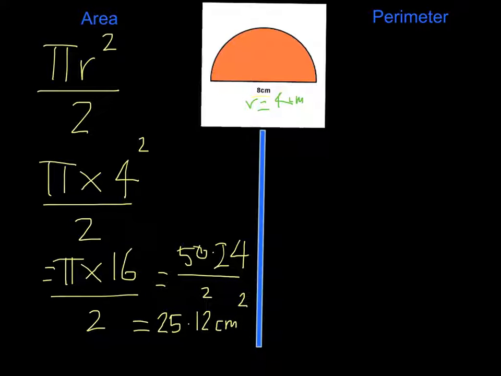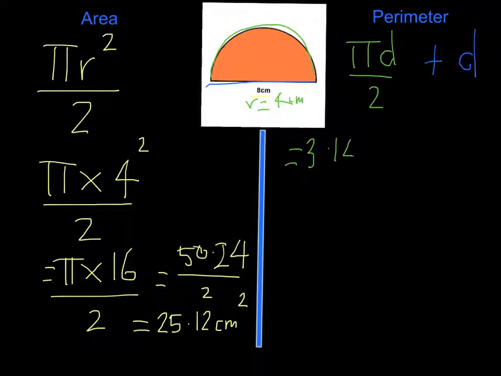When finding the perimeter, we need to find half of the circumference and then add on the diameter. So that is equal to pi times the diameter divided by 2, and then add on the diameter. Let's put our values in, with pi as 3.14 this time, times the diameter of 8, all divided by 2, so we get half of the circumference.